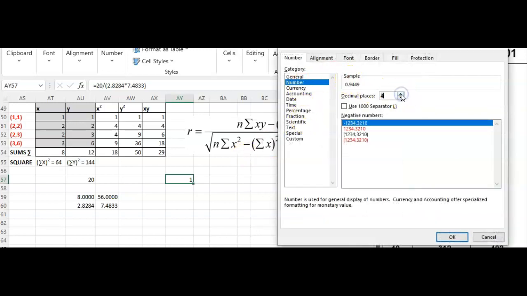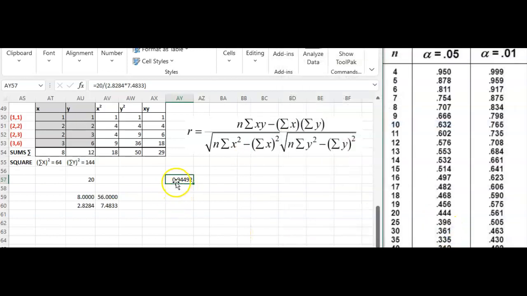I need to show my decimal places, because when you don't show decimal places, Excel rounds that for you, but I want to see my decimal places. So the correlation coefficient is 0.94492, which is what I got by populating this table and putting it together.